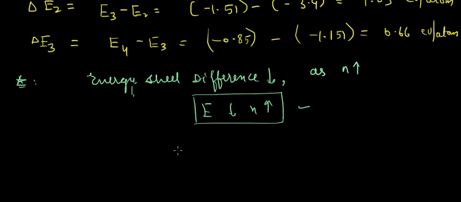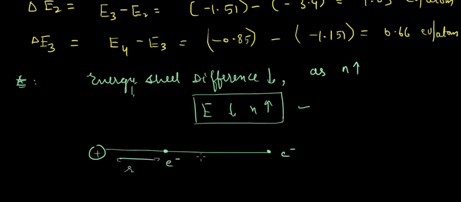So now let's suppose we have a positive charge here, and what is the energy required to bring this electron from infinity to a distance r?